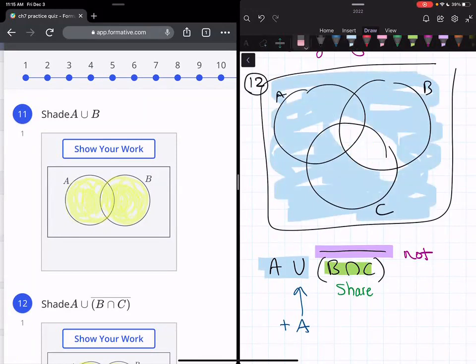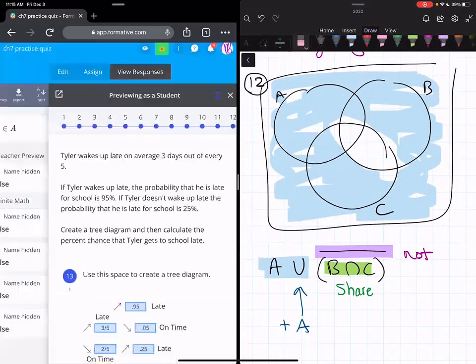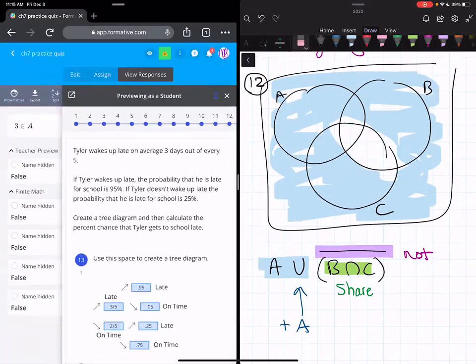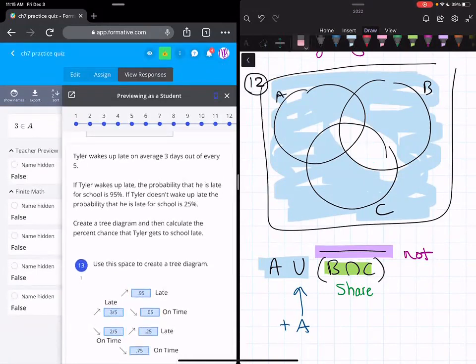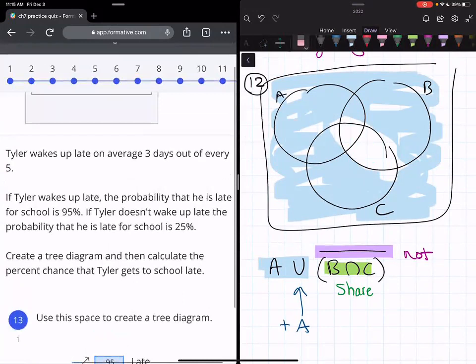If you wrote in there, not this, I would accept that, if you didn't want to squiggle everything. I think I did switch symbols around though.